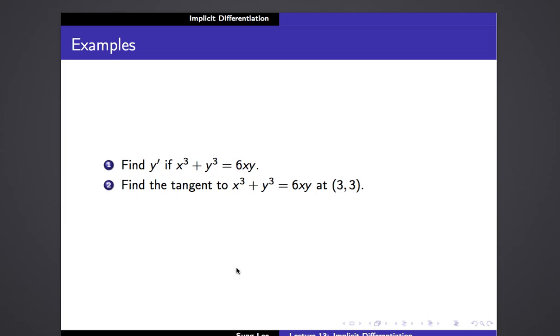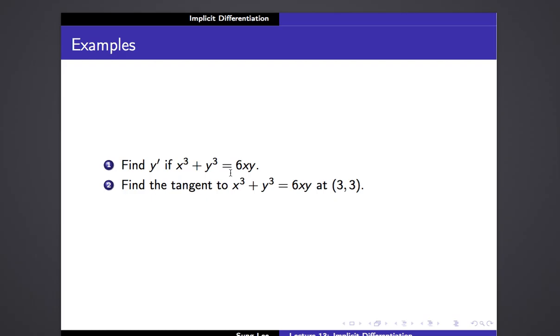Okay, so let's talk about the following examples. First example is find y prime if y satisfies the equation x cubed plus y cubed equals 6xy. Again, this is an implicit function which cannot be written as an explicit function like y equals f of x.